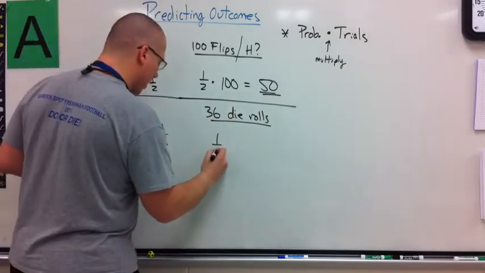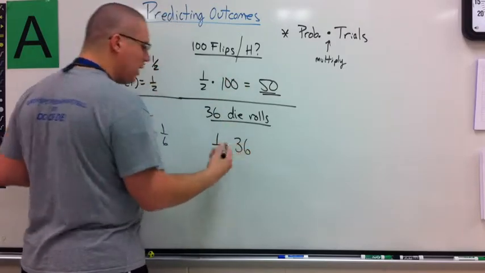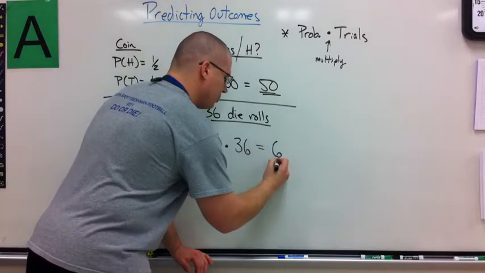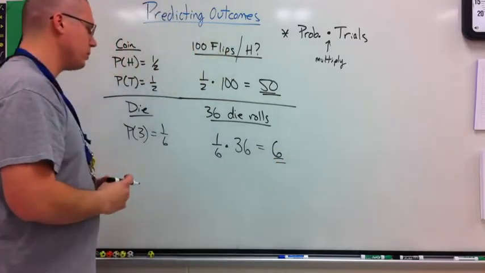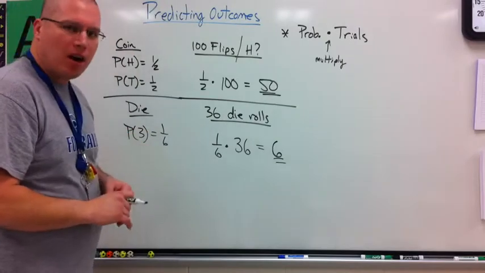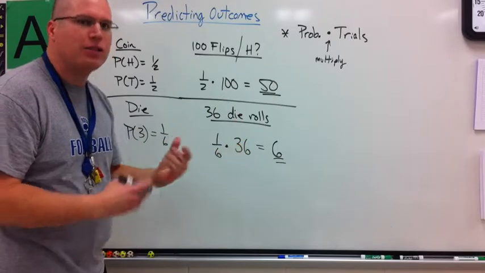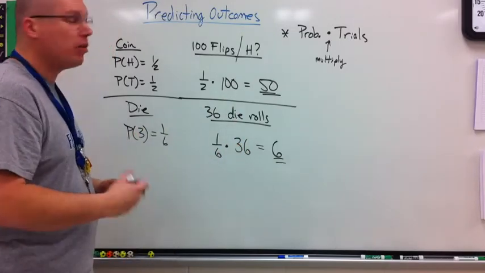So again, I would take my probability 1/6 times the number of trials that I'm doing, and I should get 6. I should get 6 3s. So this is predicting outcomes. Very simple. Take the probability times the number of events you have, and it should give you the ballpark, the estimate, how many outcomes you should have.